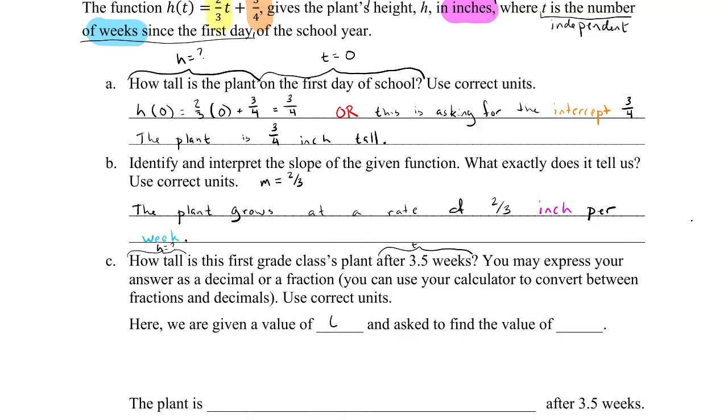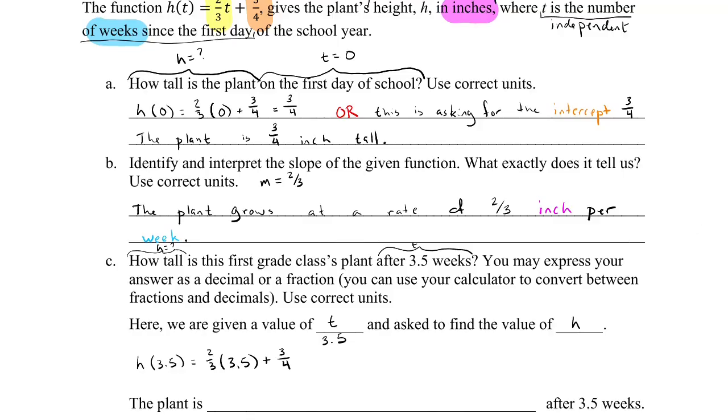We're given a value of t, namely 3.5, and asked to find the corresponding value of h. So we'll plug that into our equation. h of 3.5 will be 2/3 times 3.5 plus 3/4.